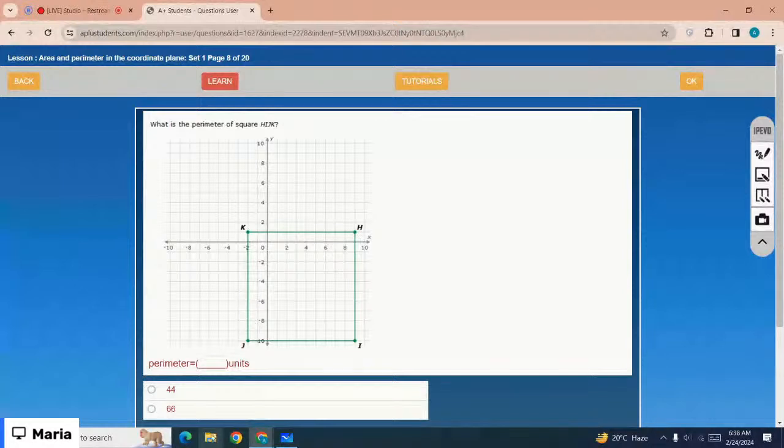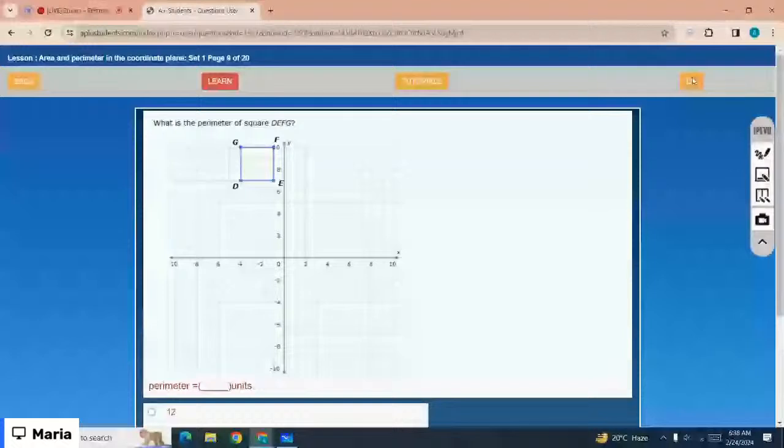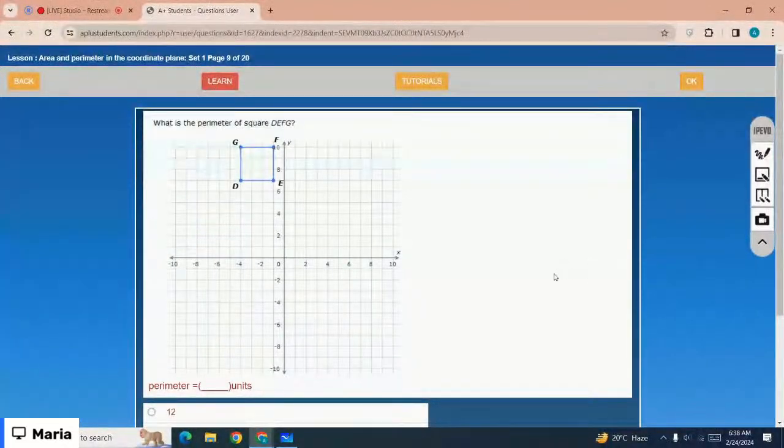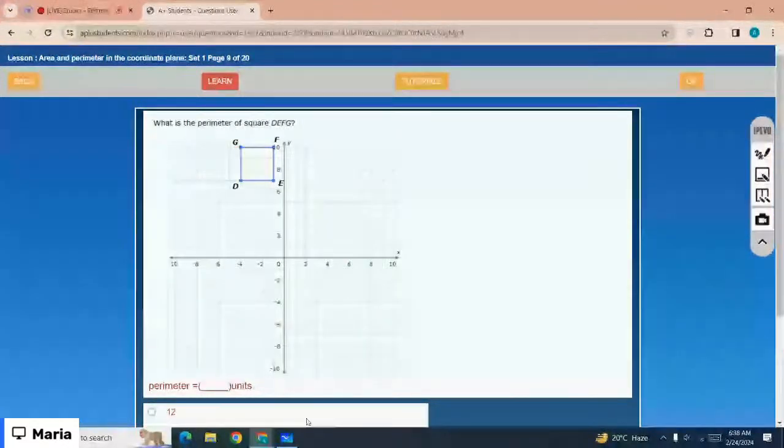So the perimeter is, what is the perimeter of the square DEFG? Which is the correct option? Yes, the correct option is 12 units.